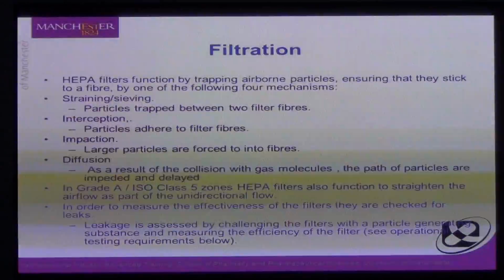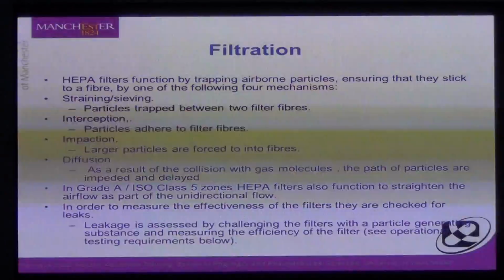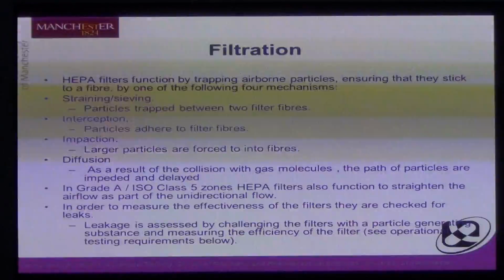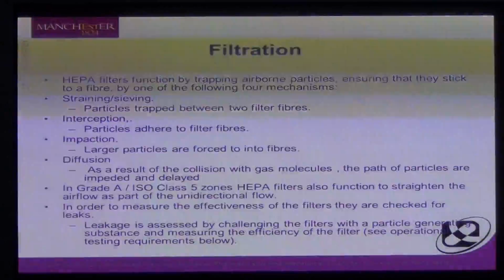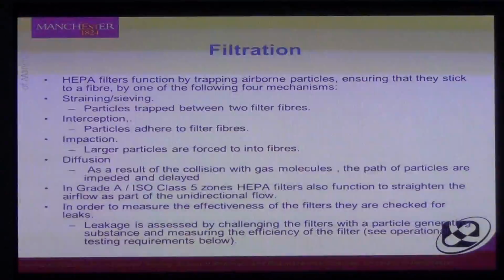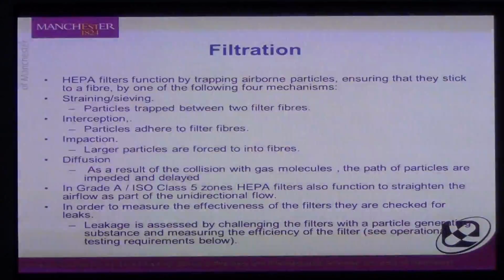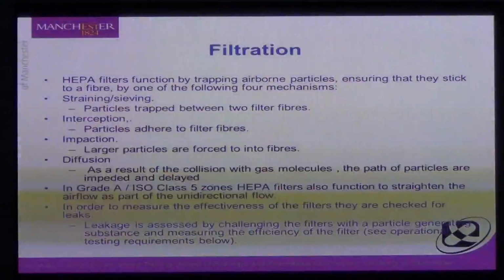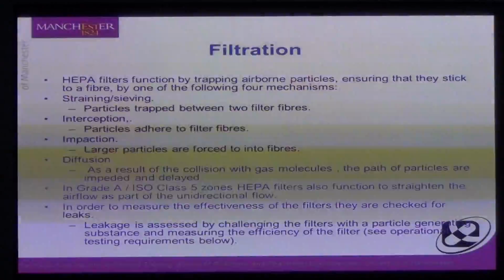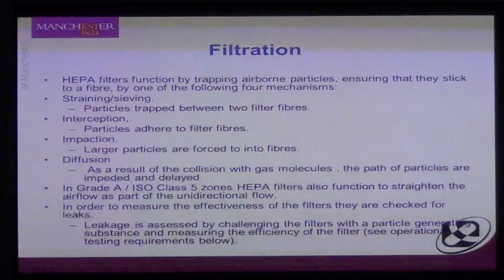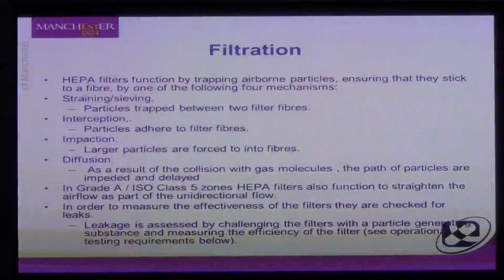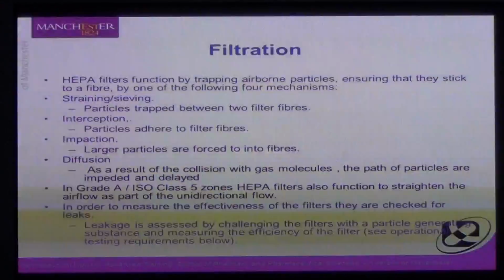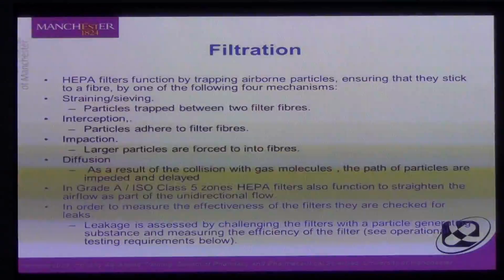The 3 methods by which they capture particles are interception, where particles hit the fibres and adhere to them; impaction, which forces the particles to be lodged into the fibres; and diffusion, where, as a result of the collision of gas molecules, the path of particles is impeded and delayed.